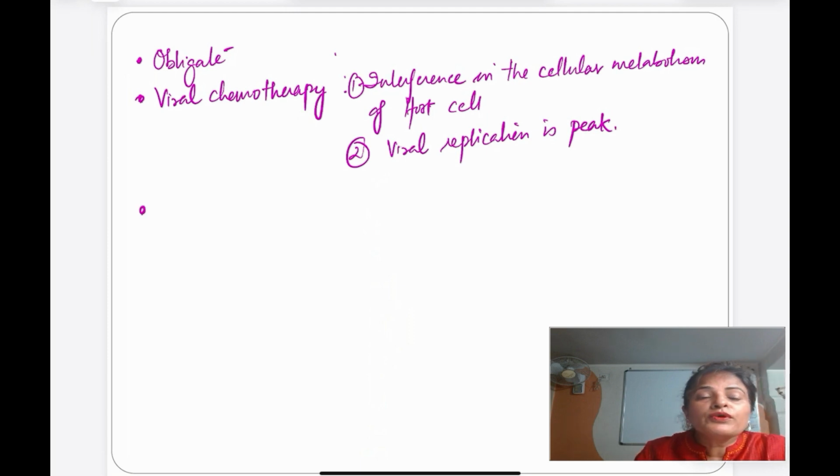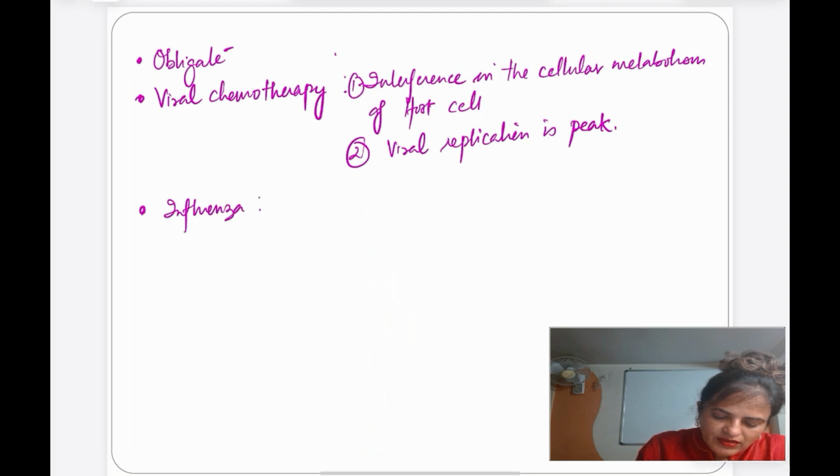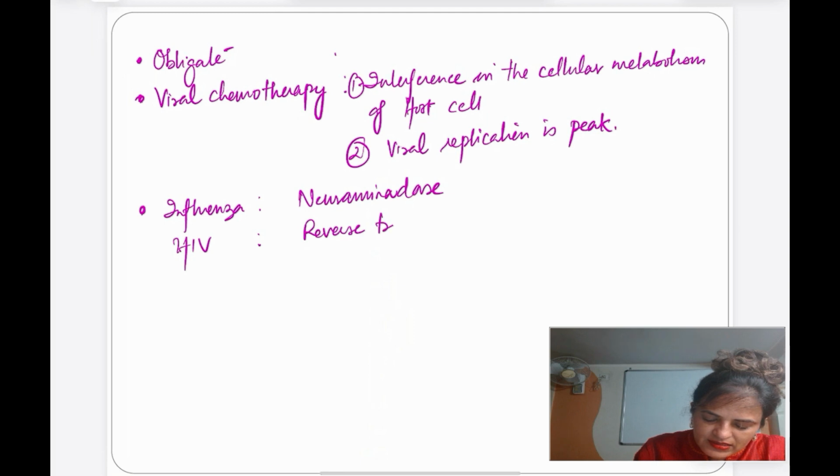we have a few viral specific enzymes. In the case of influenza virus, we have the enzyme neuraminidase, which we can hit. In the case of HIV, we can target the enzymes reverse transcriptase and protease.